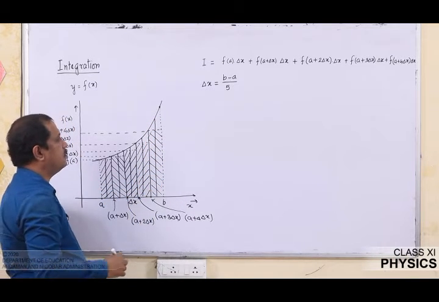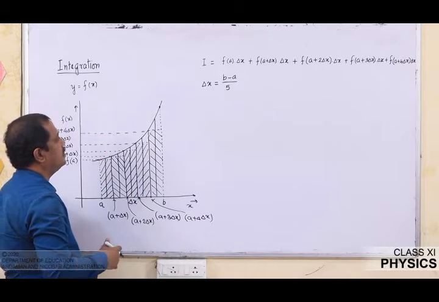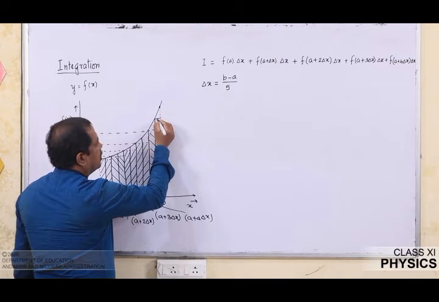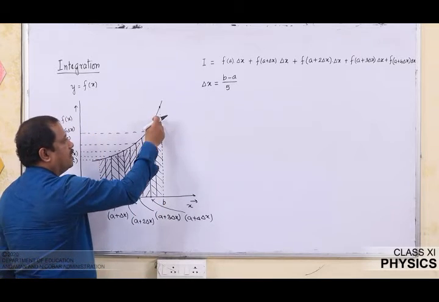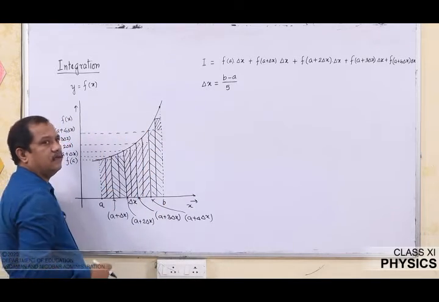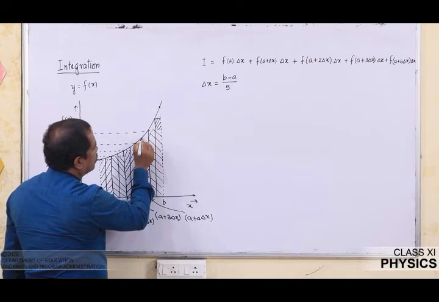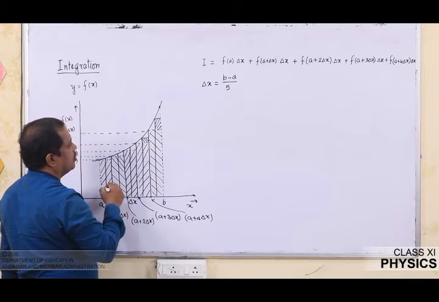So when I divided into more number of strips, I see that this area which I left out when the number of strips were less is now being included in the area calculation. Similarly, further area is included, this part is included in my calculation.